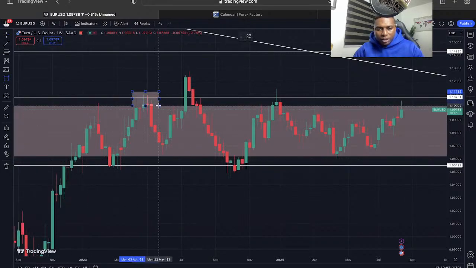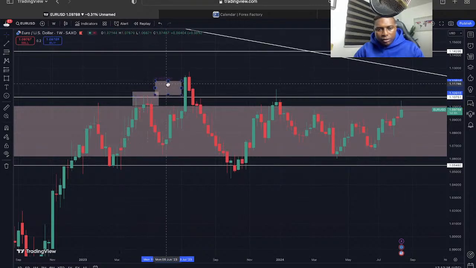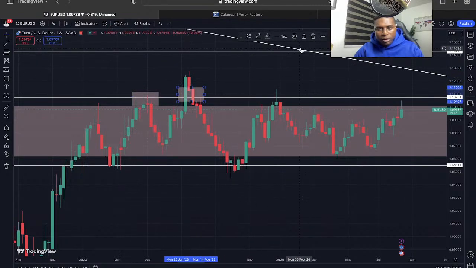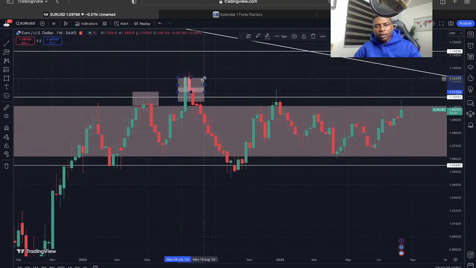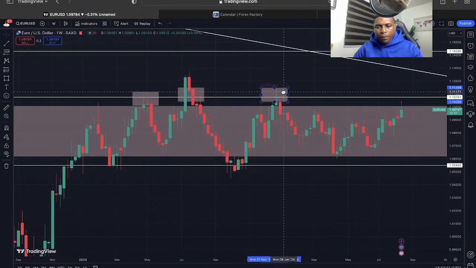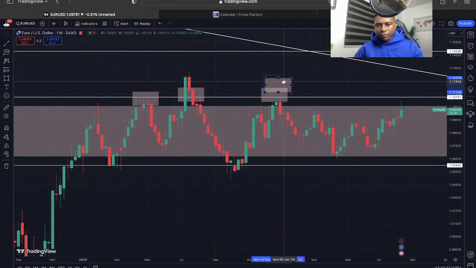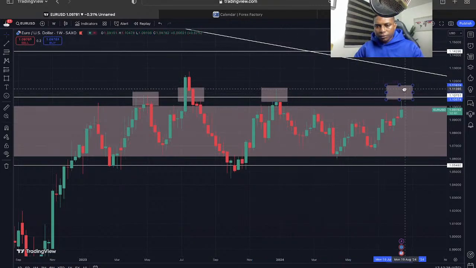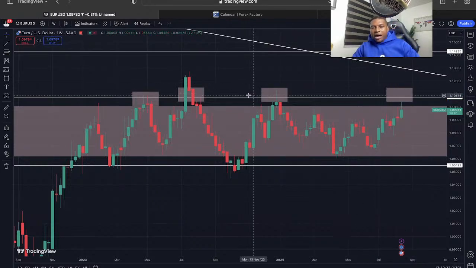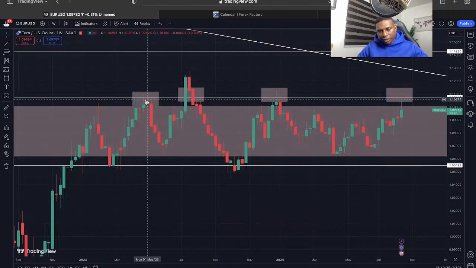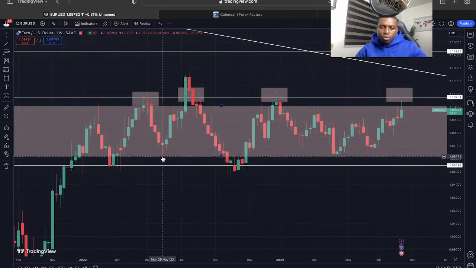So there's a touch point here, then there's another touch point here, then there's another touch point here, and then there's another touch point here. Now, at every touch point we have here, we experience a pullback.